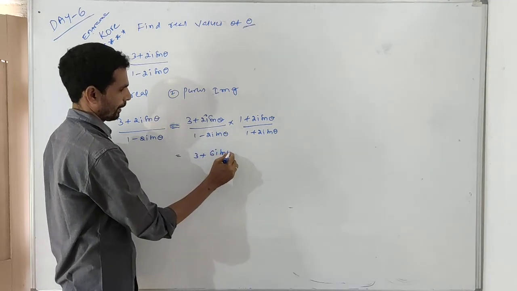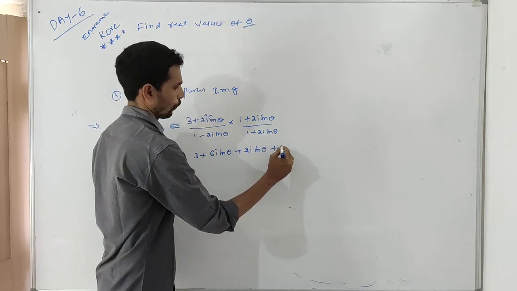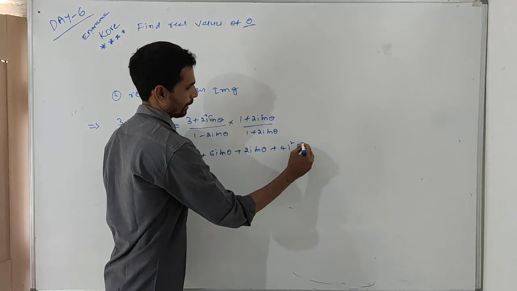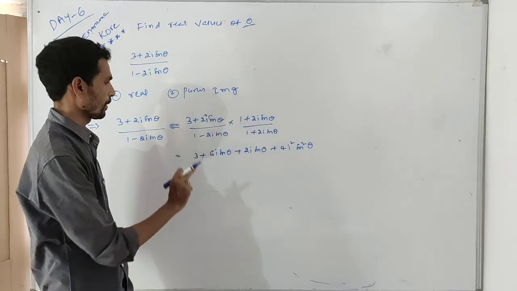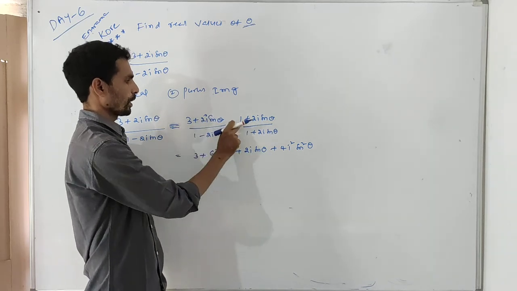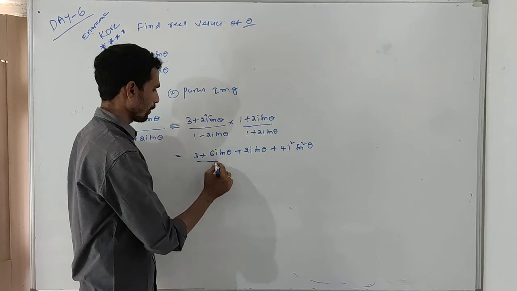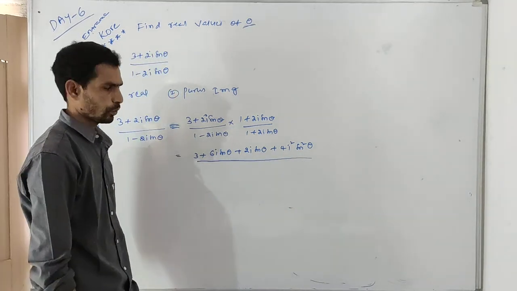So after rationalization: 3 times 1 is 3, 3 times 2i sin theta is 6i sin theta, plus 2i sin theta, plus 4i square sin square theta. I need just the general multiplication. 3 into 1 is 3, 3 into 2 is 6, 2 into 1 is 2, 2 into 2 is 4i square sin square theta. The denominator, we already know (a + b)(a - b), so a square minus b square.